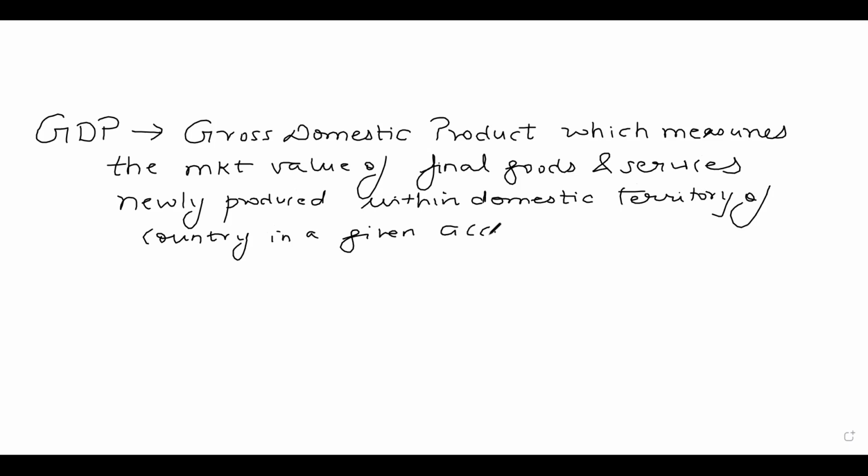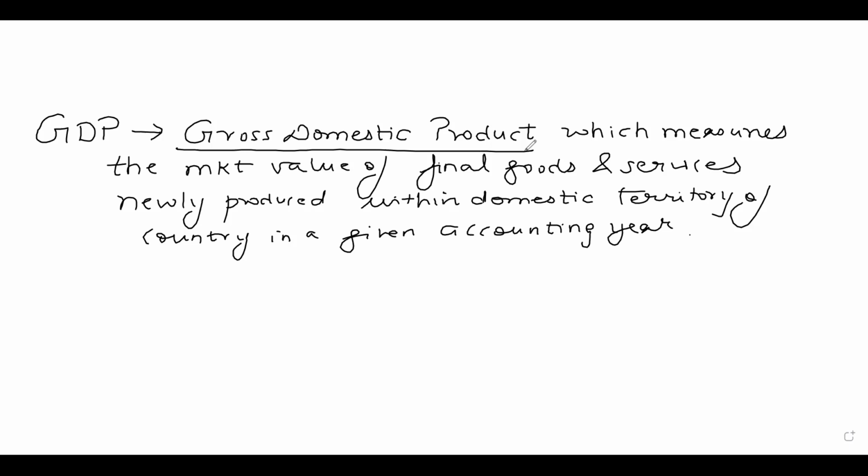This is the exact definition of GDP. Gross domestic product measures the market value of the final goods and services which are newly produced within the domestic territory of the country in the given accounting year.